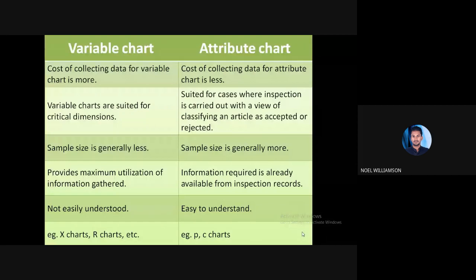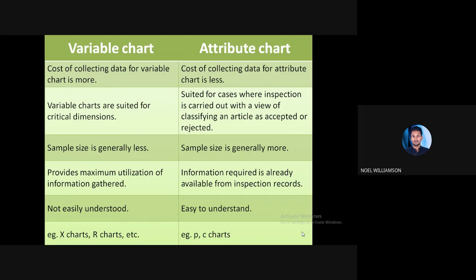Then what is the purpose of the variable chart? It is suited for the critical dimensions, whether it is 5 mm, 6 mm, 30 mm, or like that.